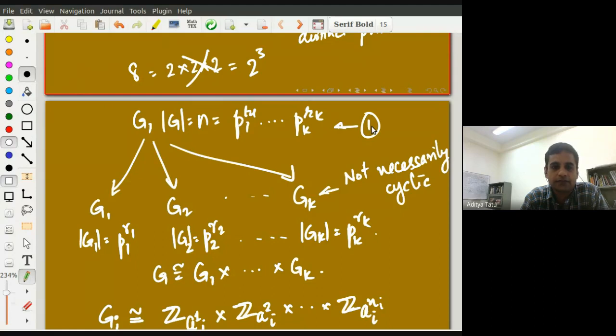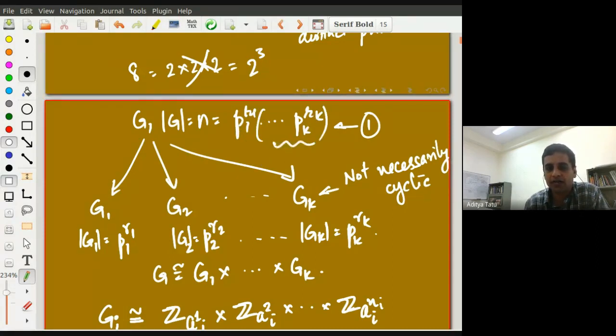Yes. So n is the order of the group, and n can be written as p1^r1 into p2^r2, and so on, up to pk^rk. So what I can do is I can have p1^r1 and the remaining primes I can multiply together and get m.